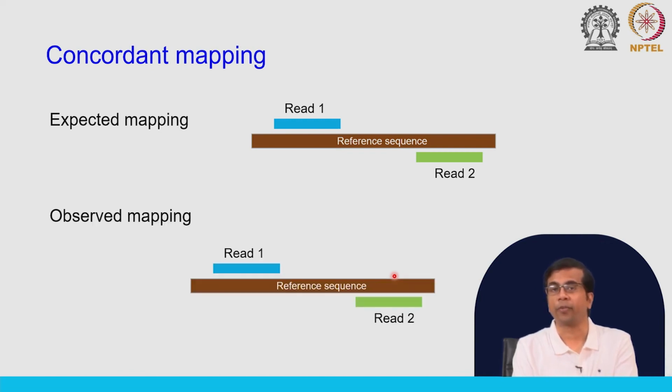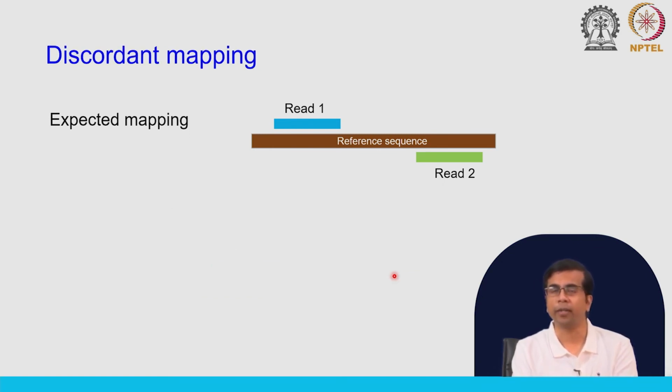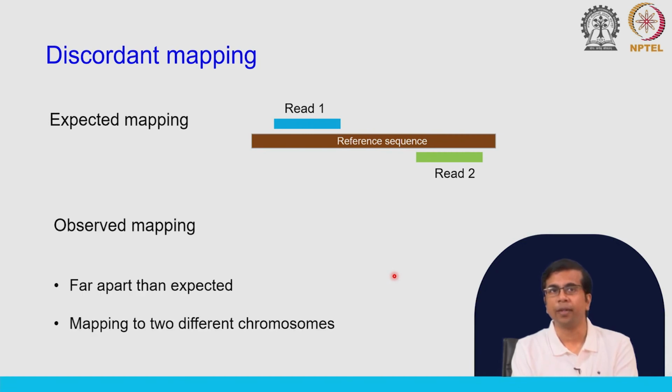What we observe is that read 1 is upstream of read 2, and this is what is expected. If the observed is similar to what is expected, we call this a concordant mapping. But sometimes these two reads map far apart from each other, say 10,000 bases apart in the genome.